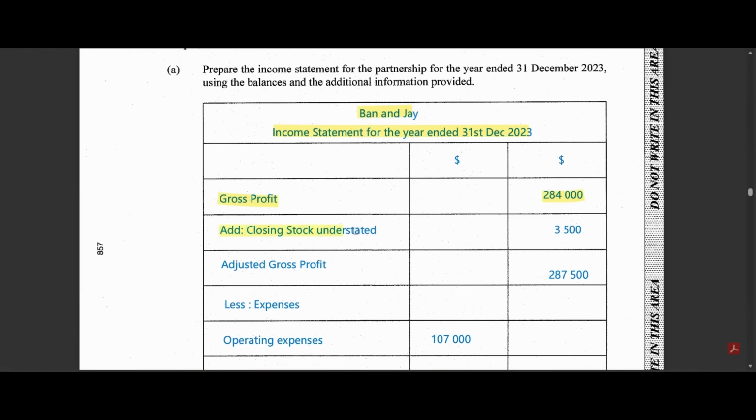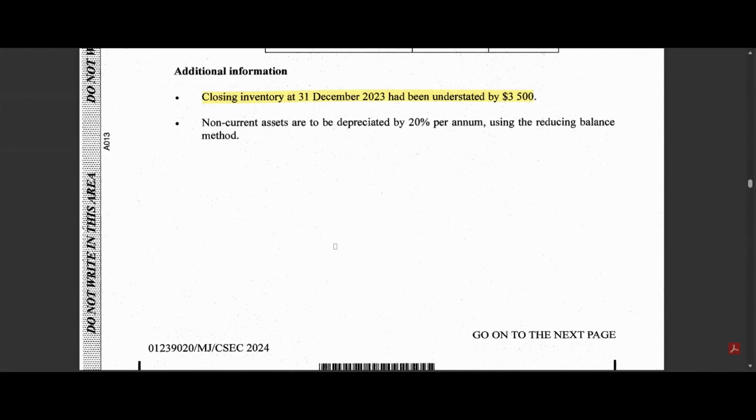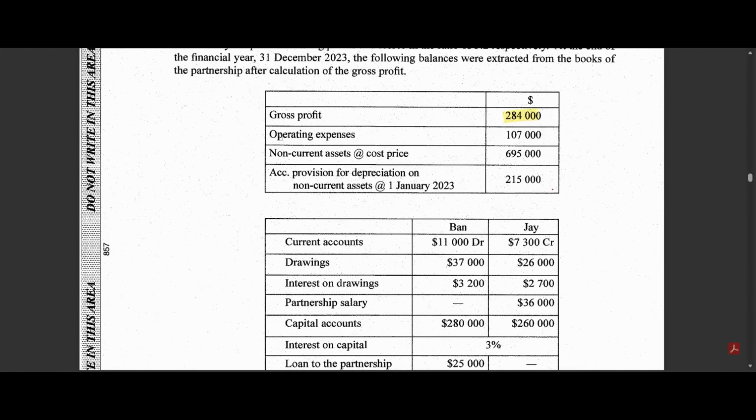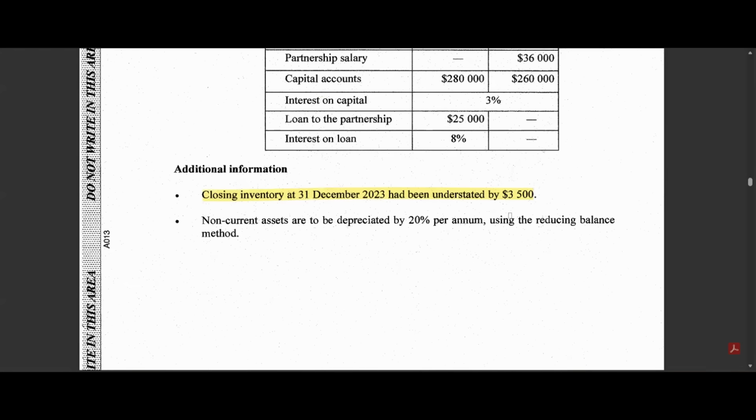So let's add the closing stock understated to increase our profit. So now we have the adjusted gross profit, 287,500. And now we go ahead and subtract our expenses. The expenses that we had to work with would be our operating expense. So let's subtract that, $107,000. There we go.